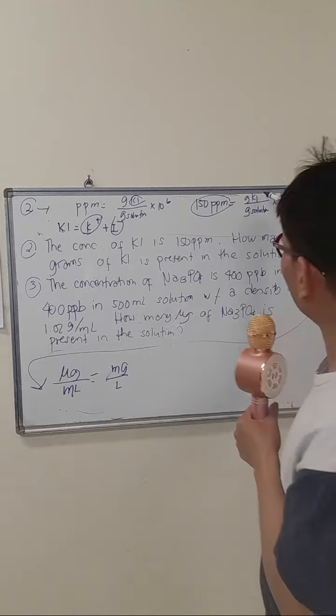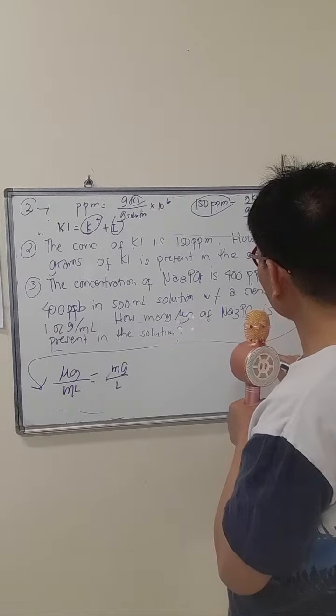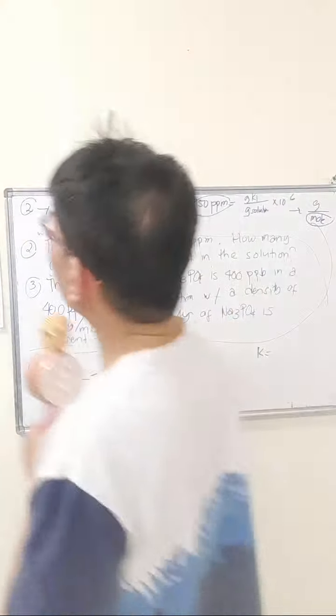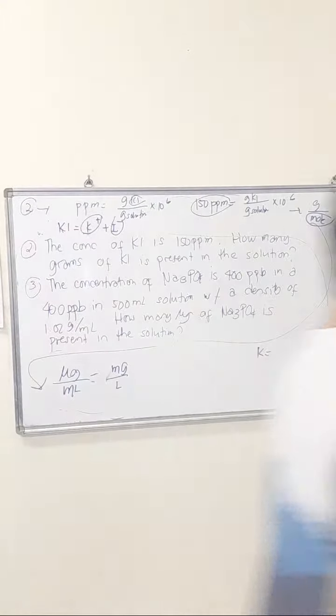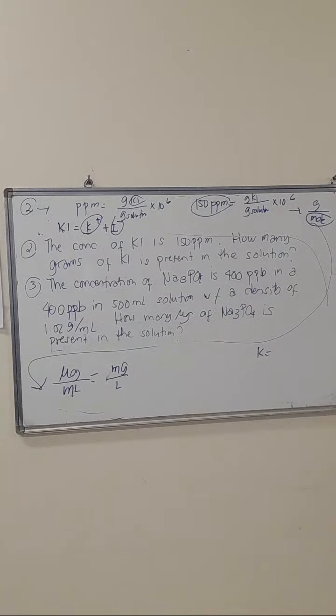So get the molecular weight. Potassium is 39.3 grams per atom.